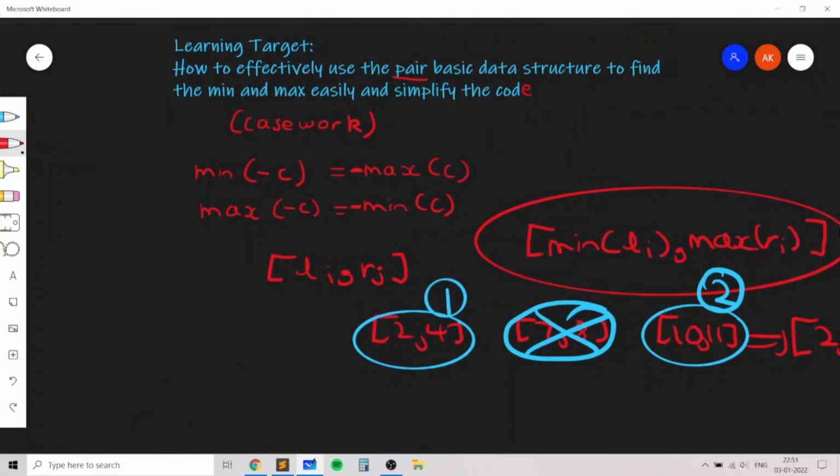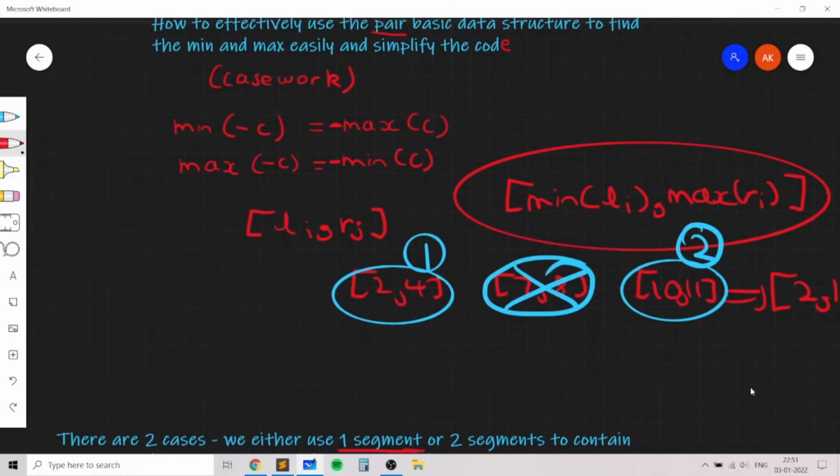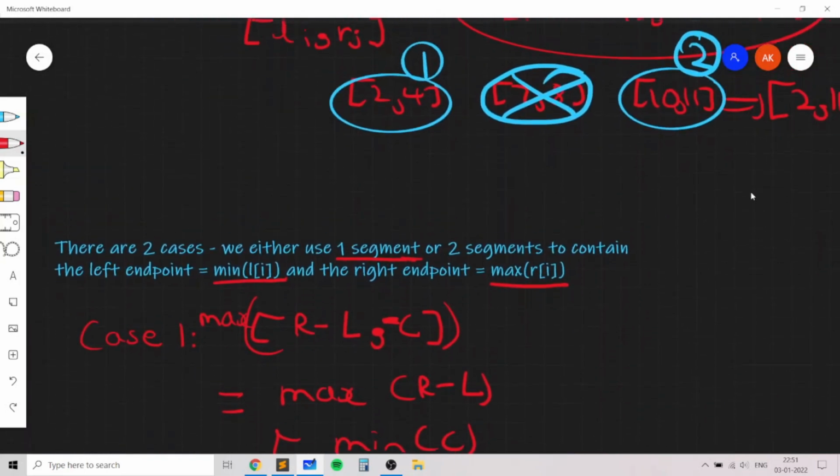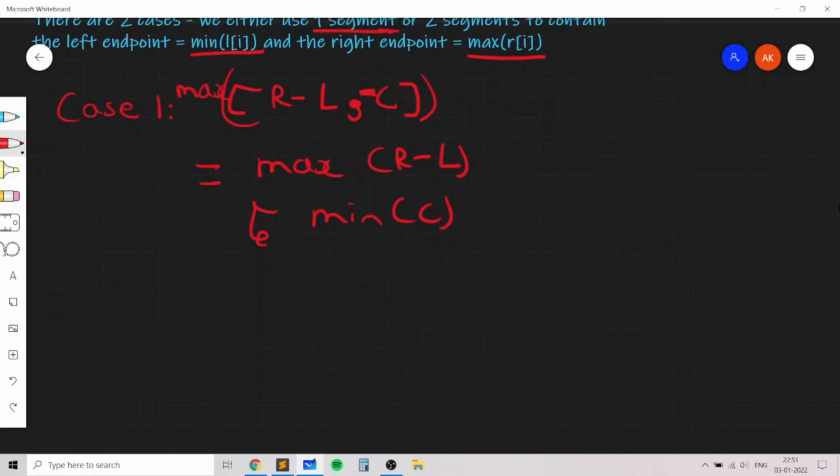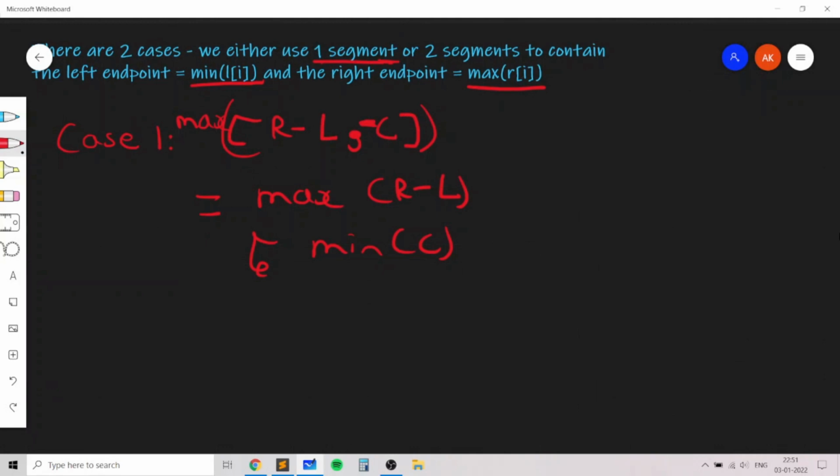Because storing the maximum value of negative C will give us the negative of the minimum value of C, and hence we can just negate the second quantity to get the minimum value of C. So in this way we can store a pair R minus L, comma minus C, and we can do a cumulative max each time iteratively, which I'll show in the code. And in this way we can take the second quantity to be the minimum value of C and the first quantity to be R minus L.